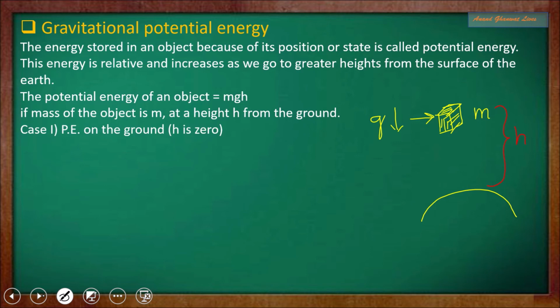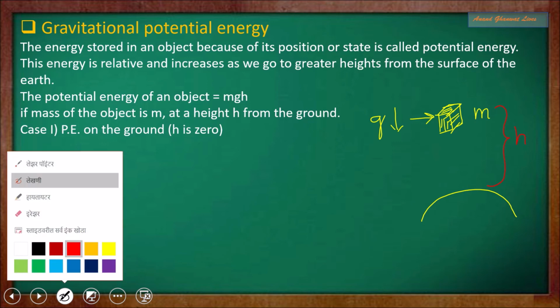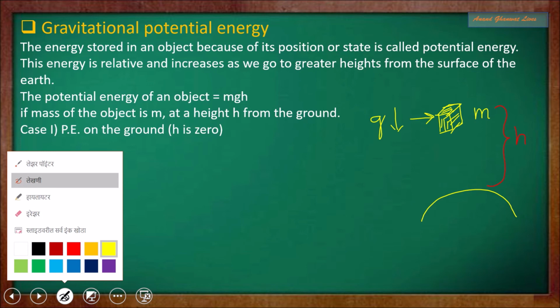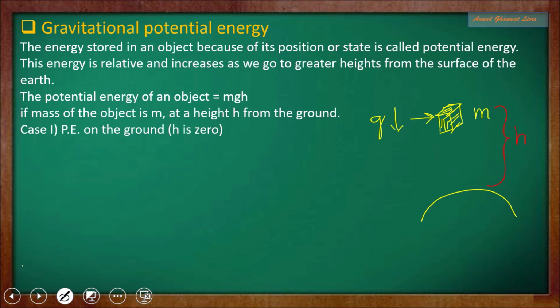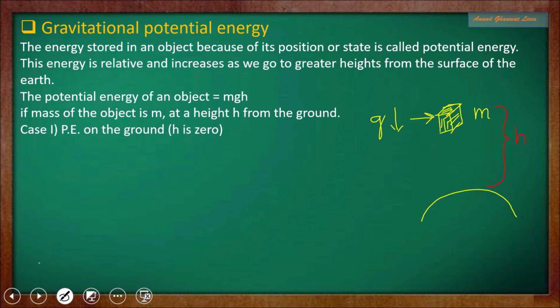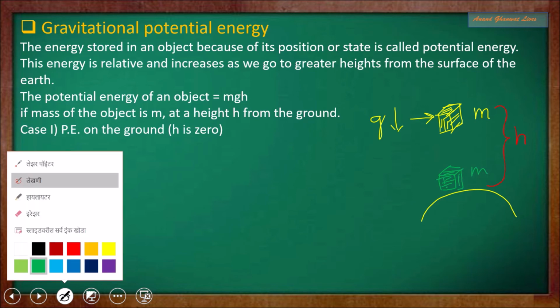So let us think about potential energy when object is present on the ground. When object is present on the ground means here. So object is now on the ground. What is the height from the surface?